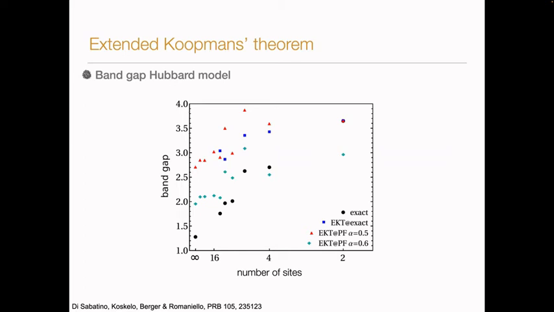So the weighted average is not an approximation. And then it overestimates the band gap. And then, of course, here we use the power function. You can play with alpha to get a good band gap, but this is just based on cancellation of errors, okay?